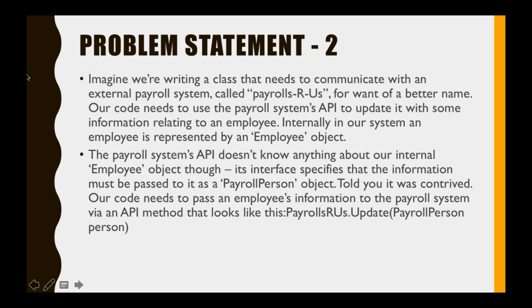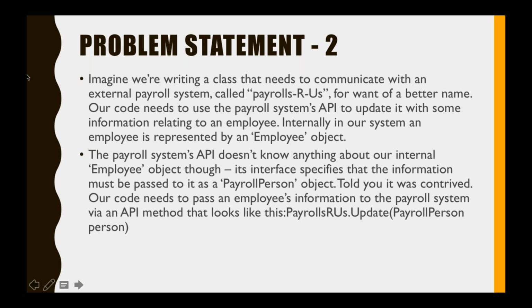So basically we have a payroll API which wants to get some information related to an employee, and in our systems we will be giving the employee information from our employee object.